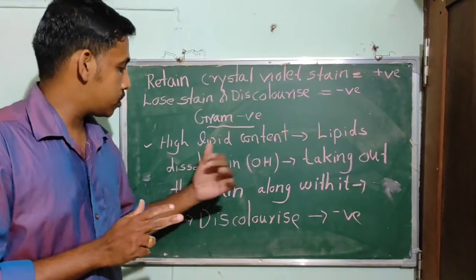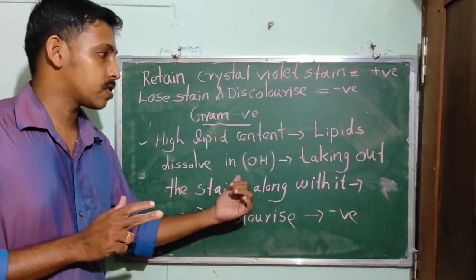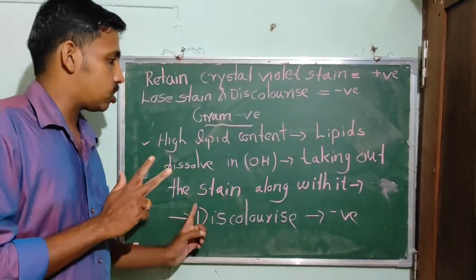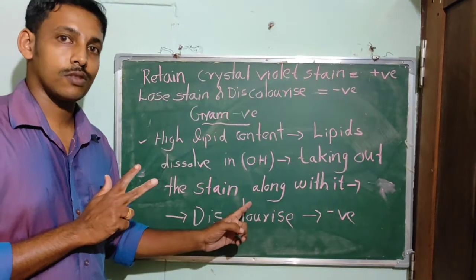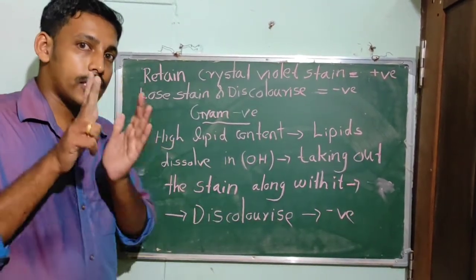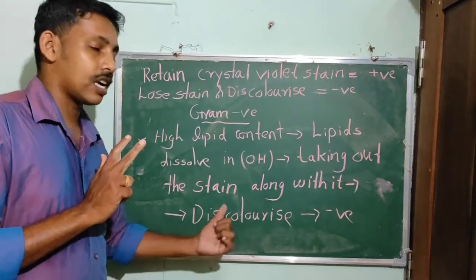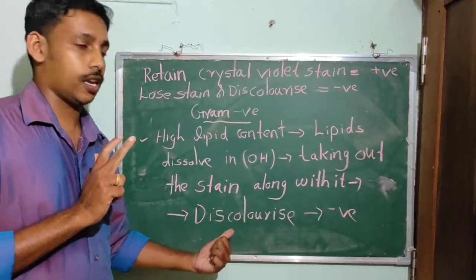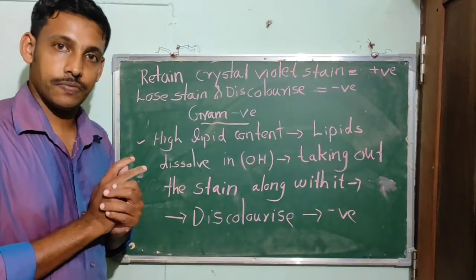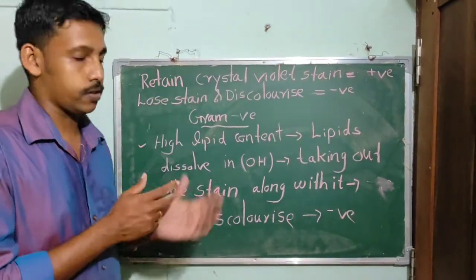Along with the lipid, the stain is also taken out, and that way it becomes discolorized. When it becomes discolorized, it is known as gram negative bacteria. So this is the procedure involved.